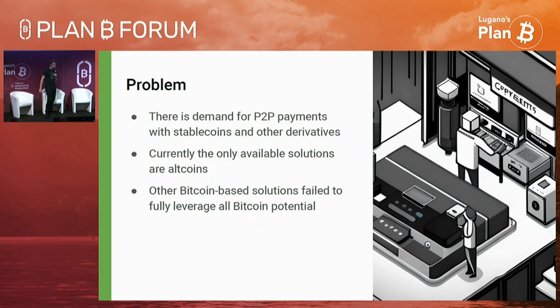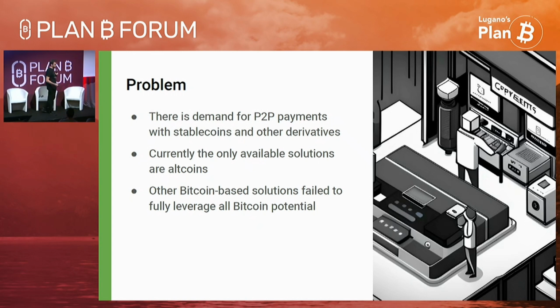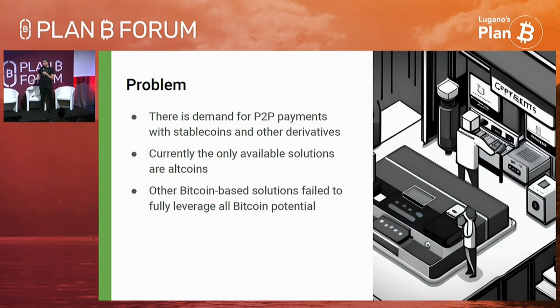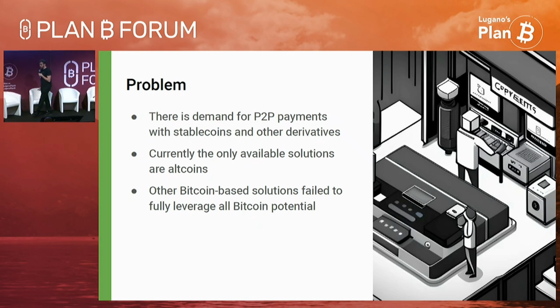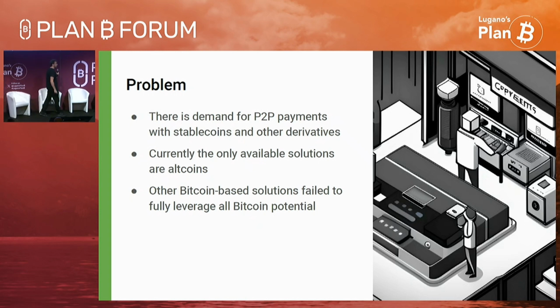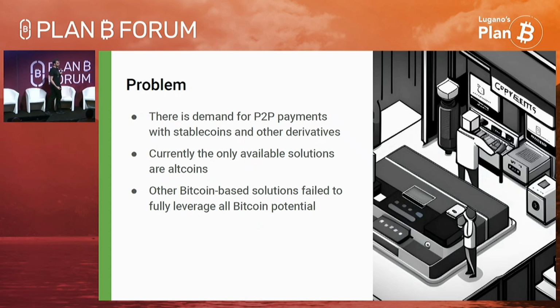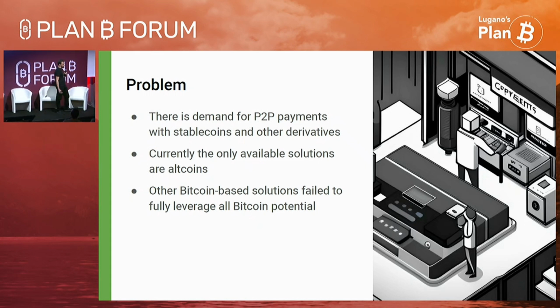Other Bitcoin-based solutions have existed for a while. The first solutions to tokenize assets on Bitcoin are over 10 years old now, with Colorcoin, Counterparty, and OmniLayer, and they kind of failed. They failed for several reasons, and one of them is technical, because they were developed too early.